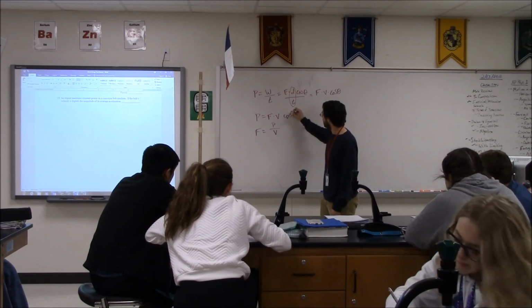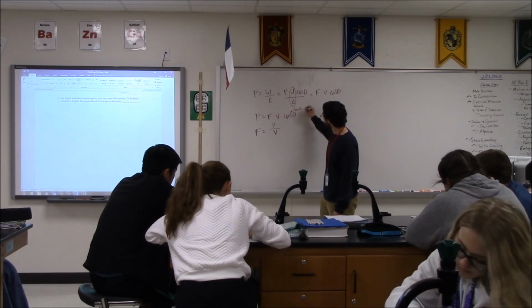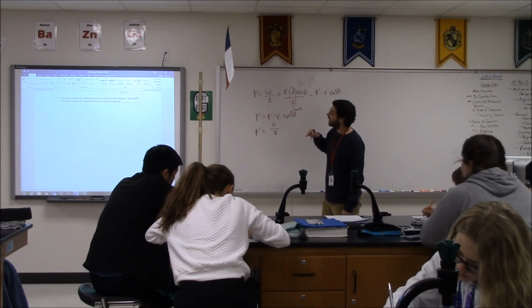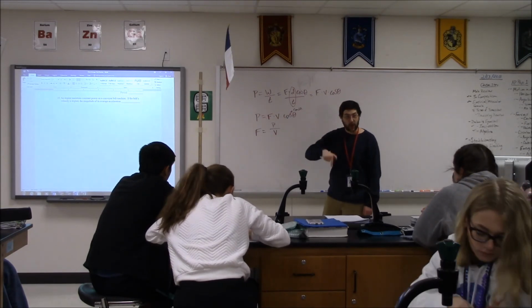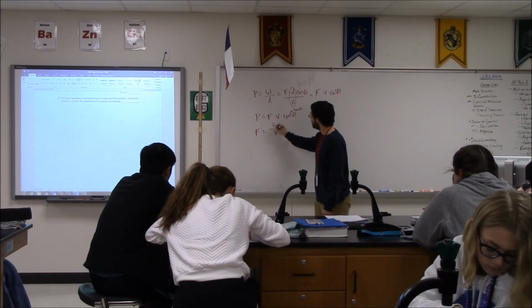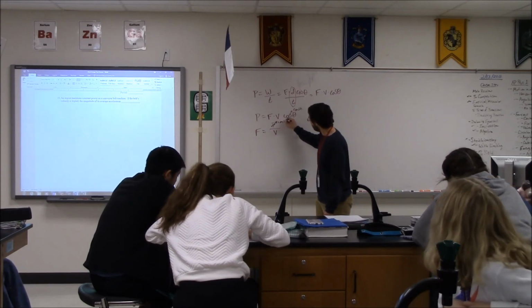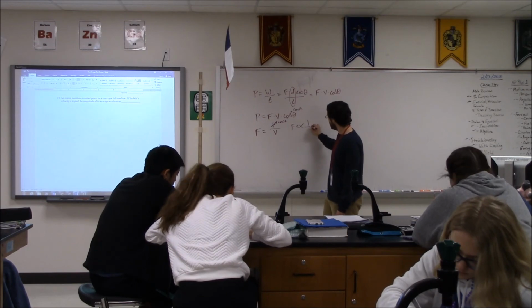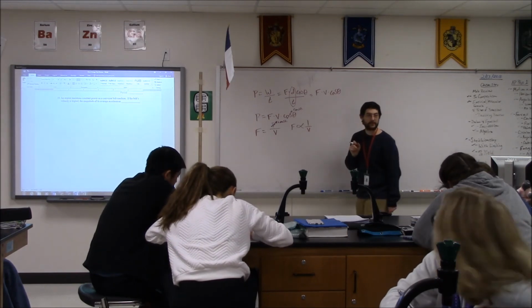So I'm just going to ignore that because it's a constant, alright? It said in the problem that we're going to maintain constant power, right? Which means that this goes away. So that means that force is proportional to 1 over the velocity.